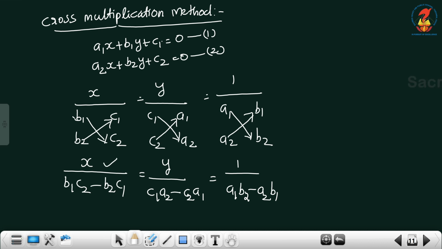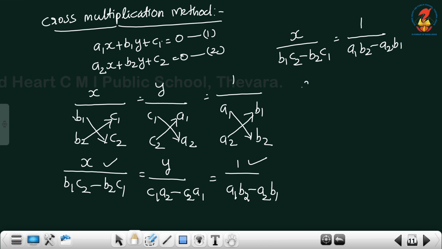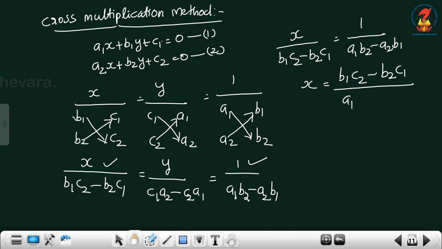Here these two are equal. Then you can write x by b1 c2 minus b2 c1 equal to 1 by a1 b2 minus a2 b1. Therefore, x is equal to, you just cross multiply it, b1 c2 minus b2 c1 divided by a1 b2 minus a2 b1.